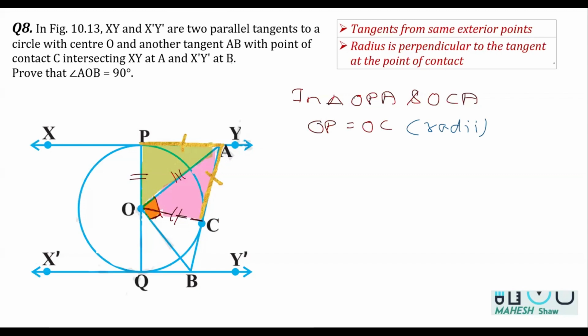Next, AP is equal to AC, right? And the reason is what I've already written, tangents from the same exterior points. So you may write over there from this. Now the next is OA is equal to AO, and that is the common side.